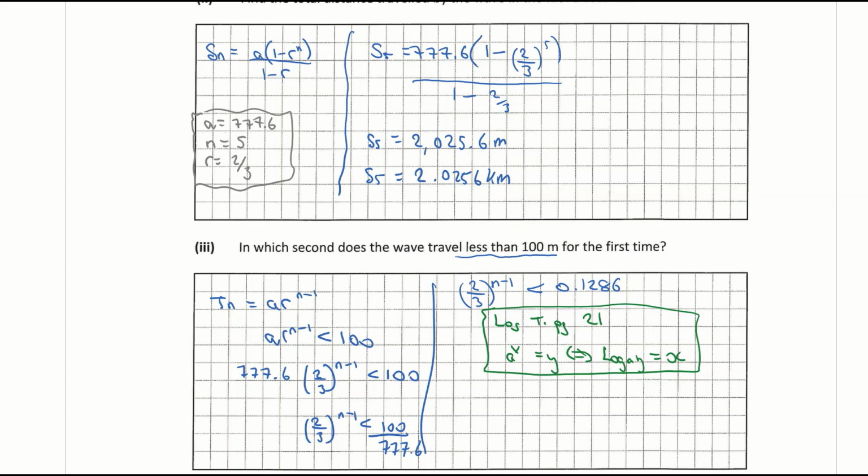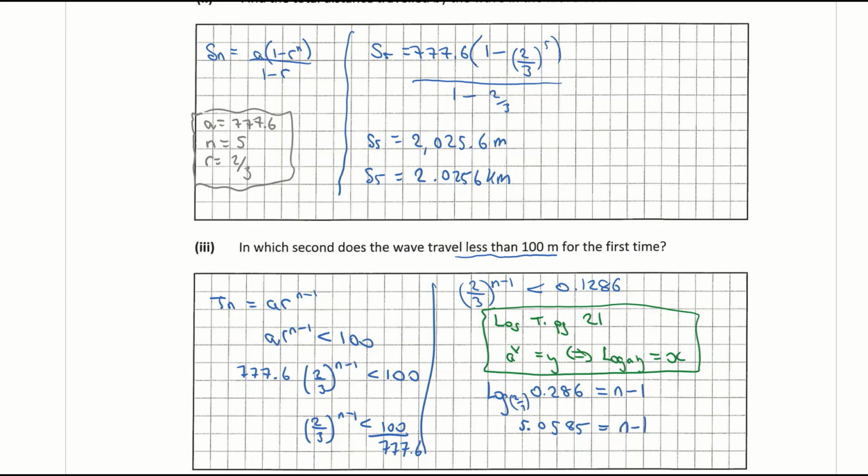And filling that in now, I'm looking for log to the base a, which is my 2 over 3, of 0.1286, and that is equal to x, and x is my power, which is n minus 1. When I work out my log, I get 5.0585 is equal to n minus 1.